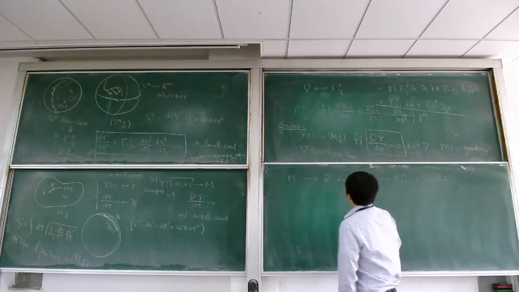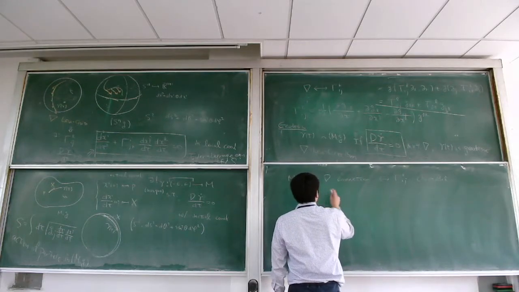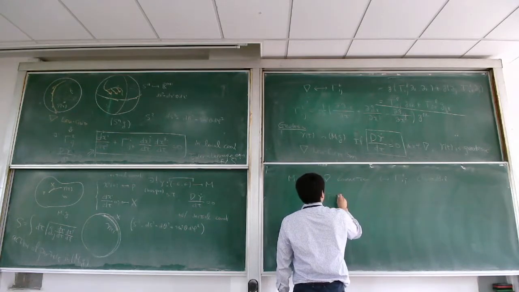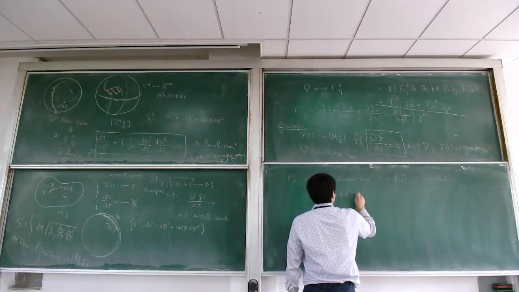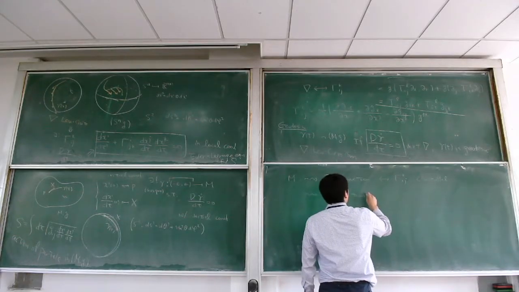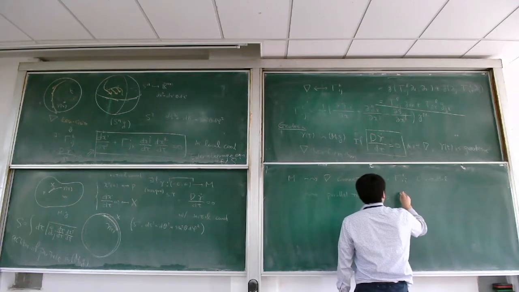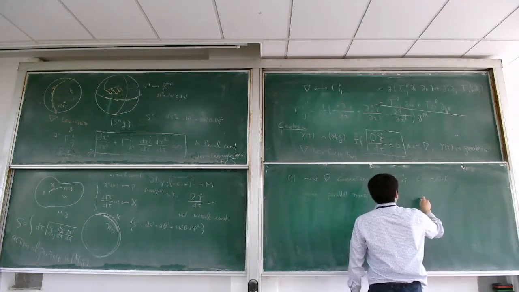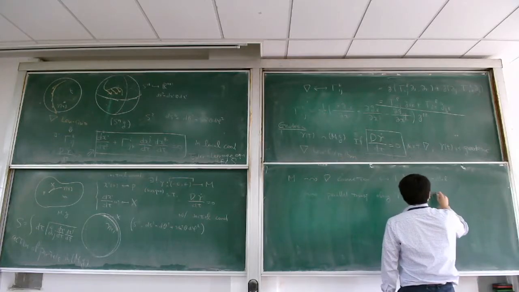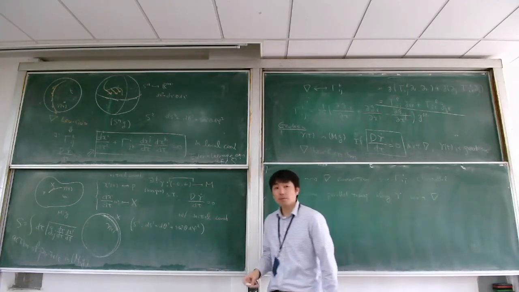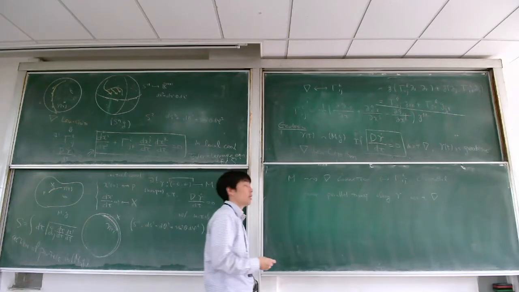And from here, one can define the notion of parallel transport along a curve gamma with respect to nabla. Okay, that's what we have learned.